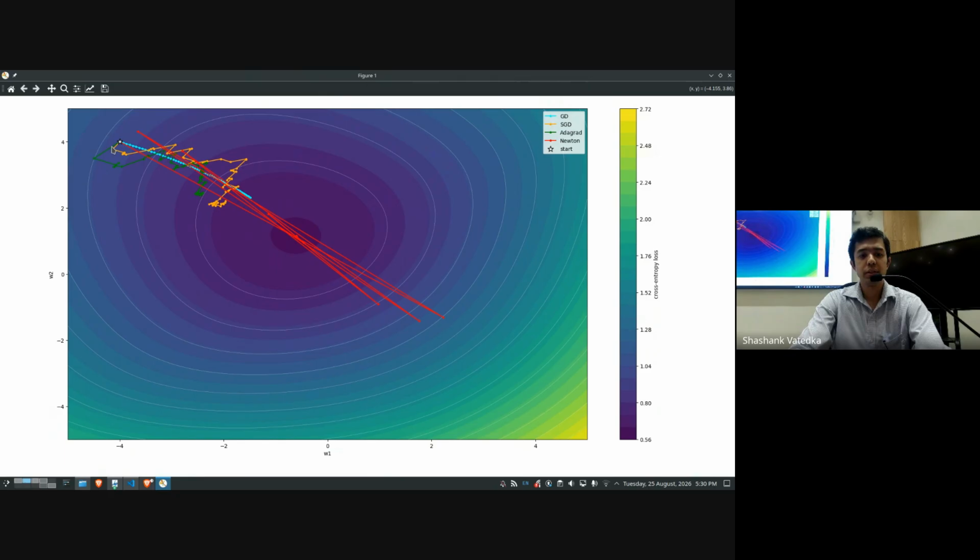Initially it was taking slightly longer steps, because the step size also depends on the curvature at that particular point and also the stochastic gradient that you picked at that time instant. But as you go over here, you can see that the step size taken by Adagrad is very, very small. And that's the main challenge. You can't run Adagrad beyond a certain number of steps, because beyond that point the step size becomes very small, because you've accumulated too much energy until then.